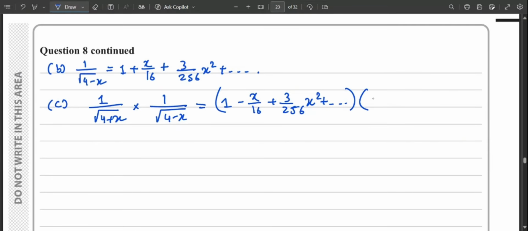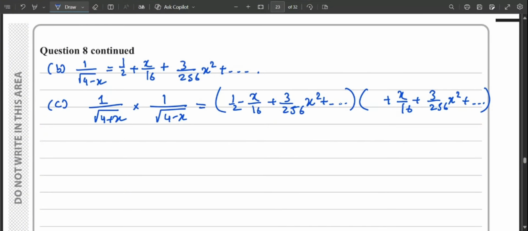This was half, and this will also be half, because there was half in our answer. So now we will just expand to find the product of these two expressions.